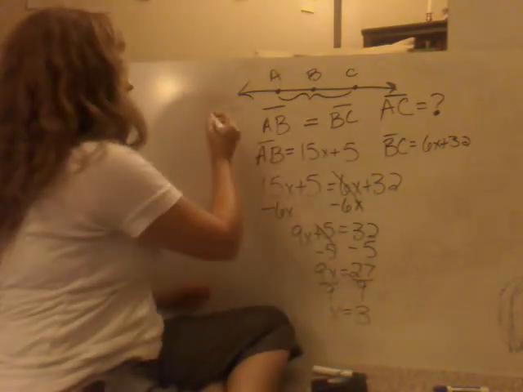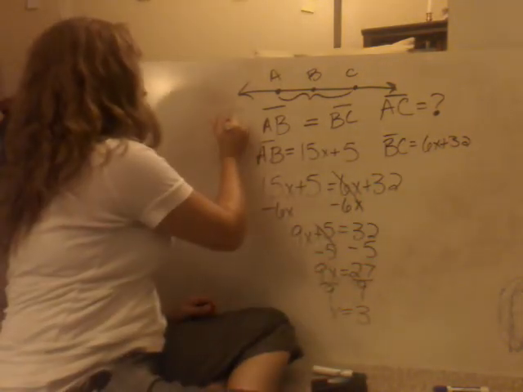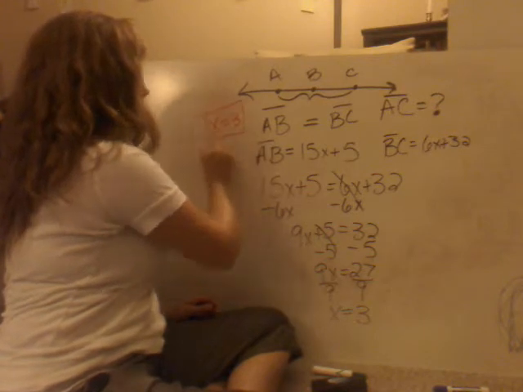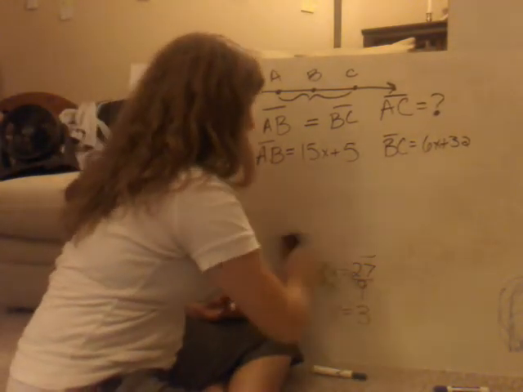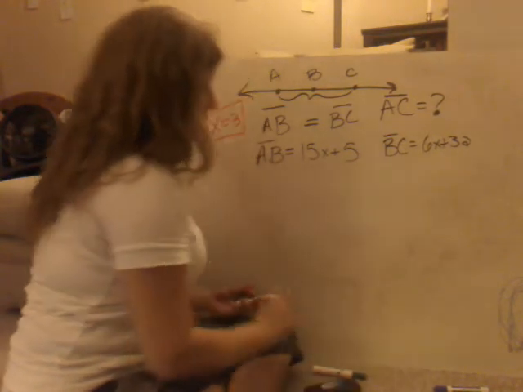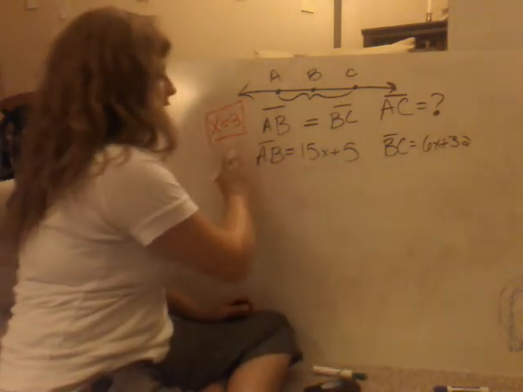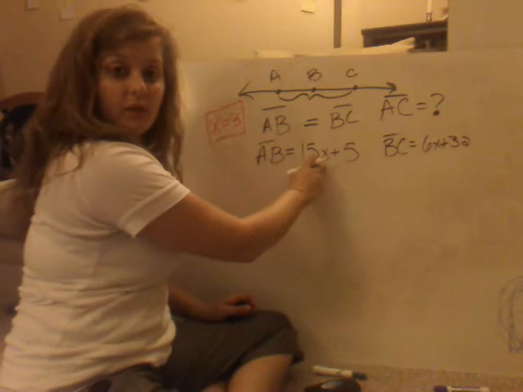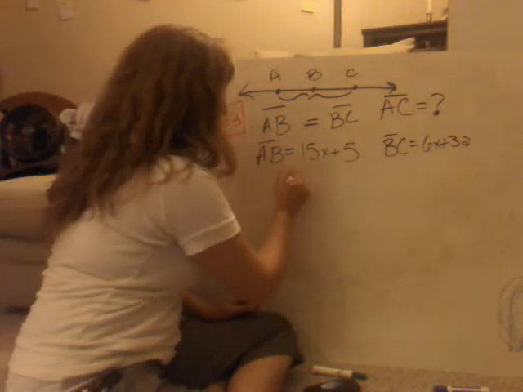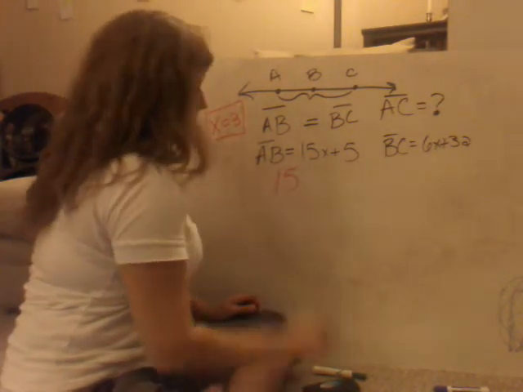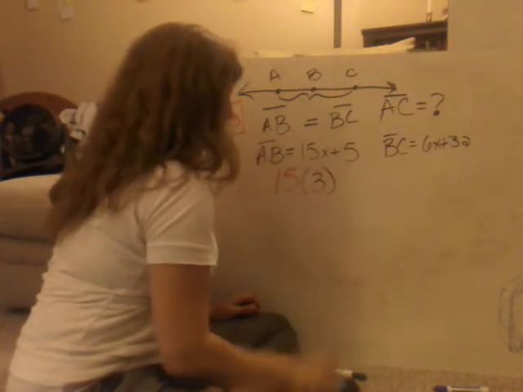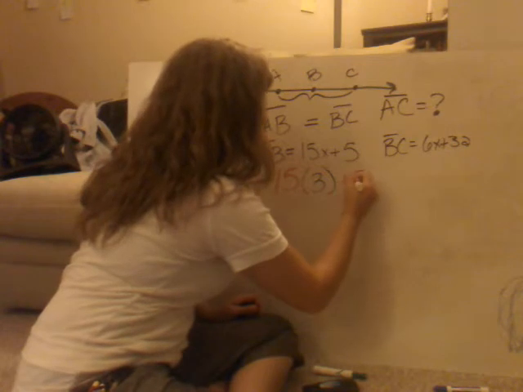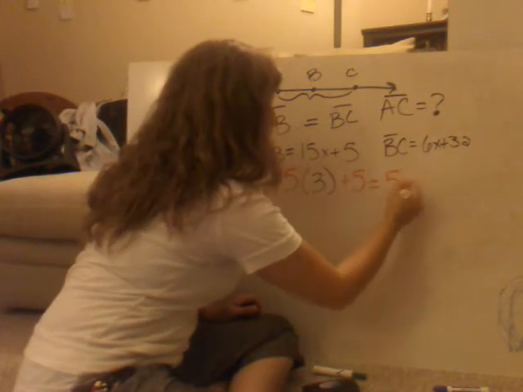Okay, so I'm going to put that up here. X is equal to 3. And then I'll erase the rest of this. So now I'm going to plug the x back into each equation individually. 15 times 3 plus 5 is equal to 50.